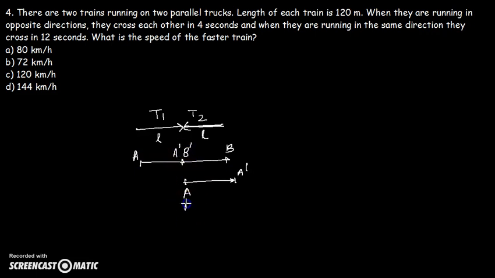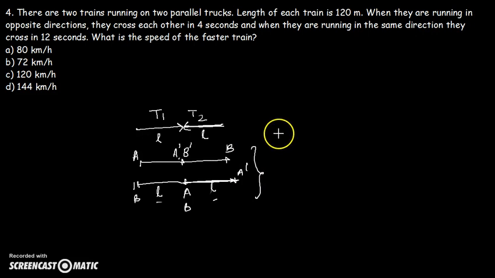Again B dash reaches this point and B reaches this point. So essentially A dash moves this length, correct? This length is nothing but length of the second train, and B dash moves here, which is nothing but the length of the first train. Now here both the lengths are equal, which is 120 meters.